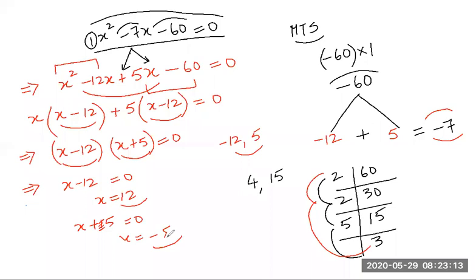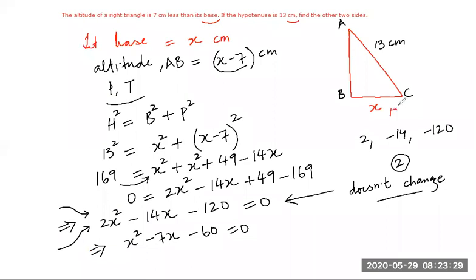Now, basically x is the base side of the triangle. It cannot be negative. So we see that minus 5 cannot be our right answer. Our right answer will be 12. Now don't leave it here. Let's cross check. If I say this is 12, then the other side will be 12 minus 7, which is 5 centimeter.